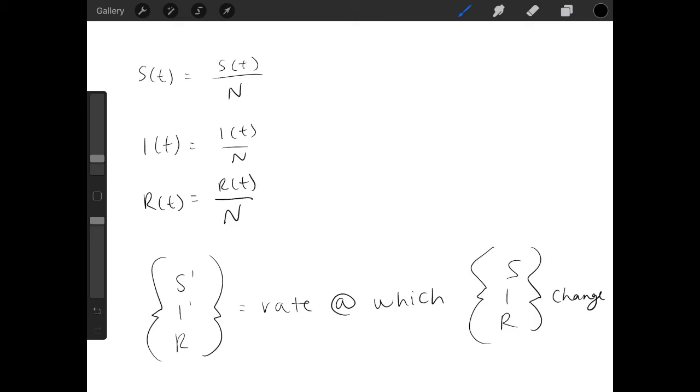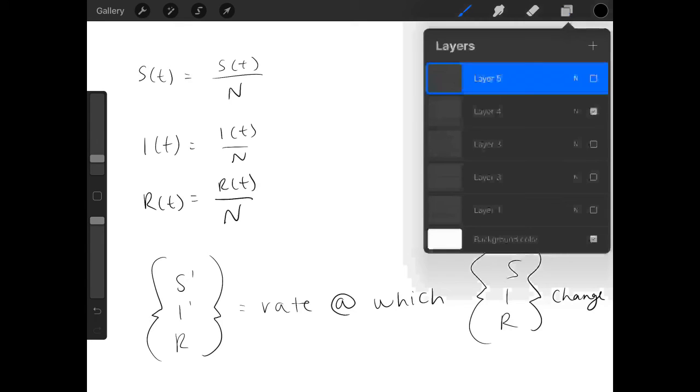So S of t over N, I of t over N, and R of t over N is just a fraction of the population. And the derivatives of S, I, and R equal the rate at which S, I, and R change.